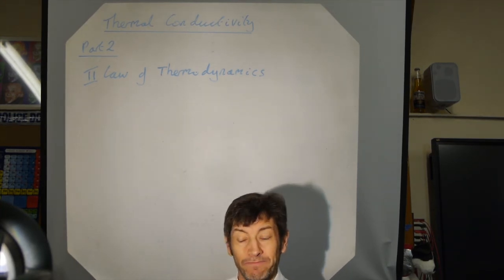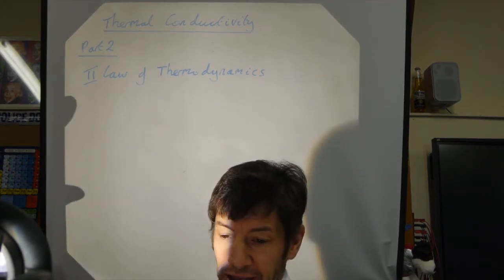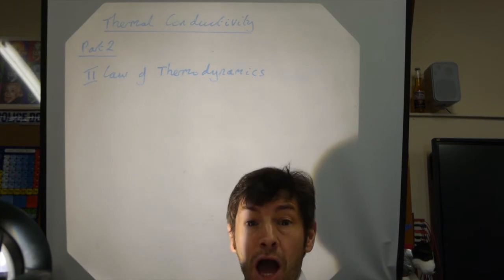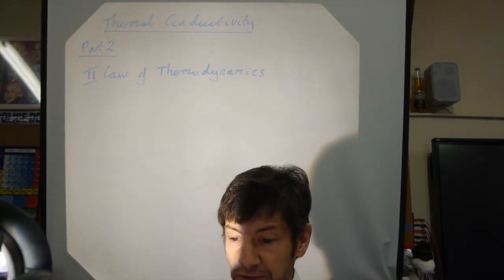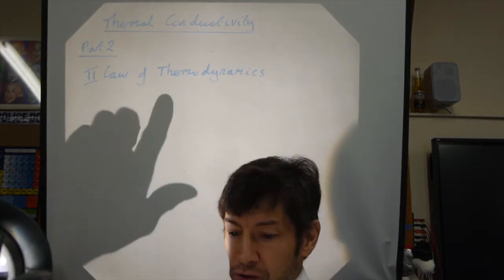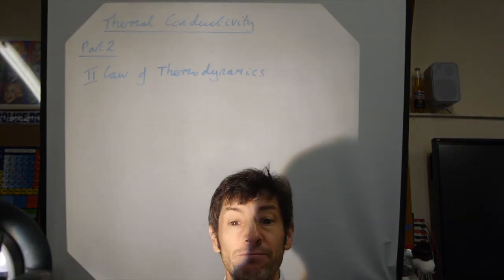So the first thing we're going to look at is the second law of thermodynamics, and you'll hear about laws like this in physics. Okay, so we believe this applies in all situations. Thermodynamics, heat moving.